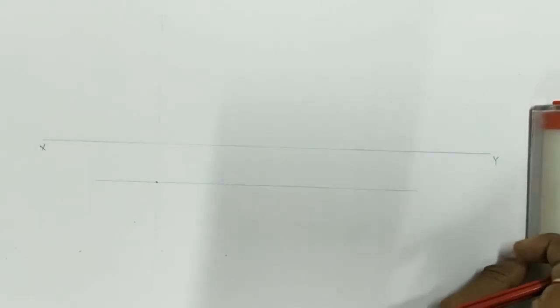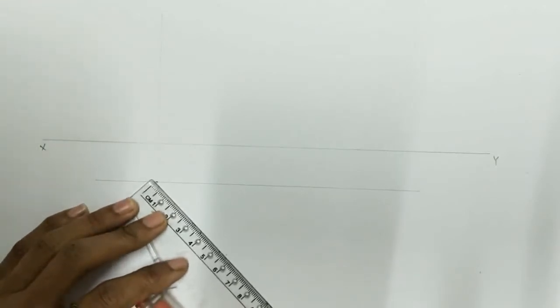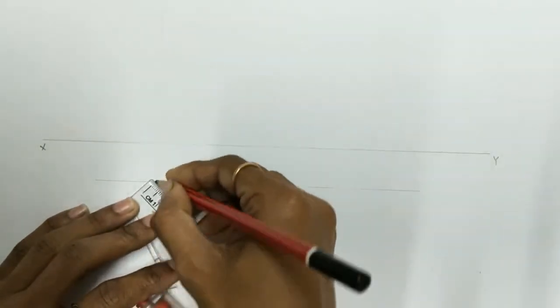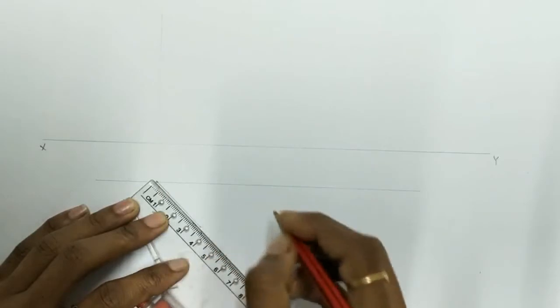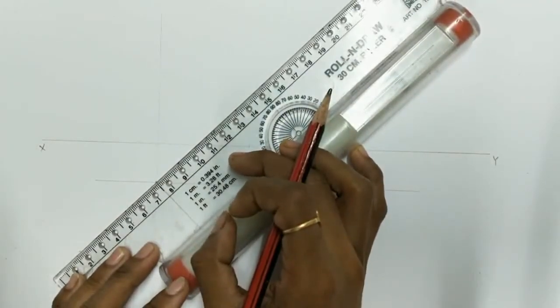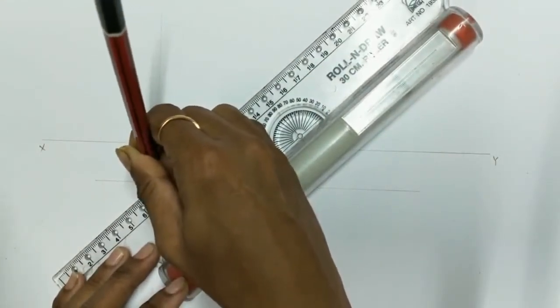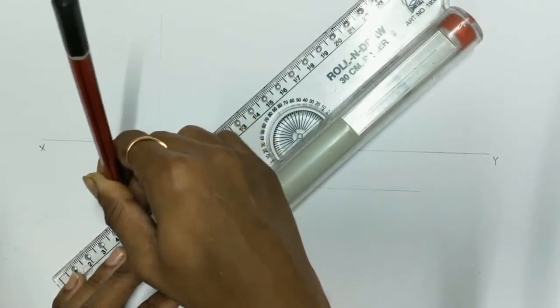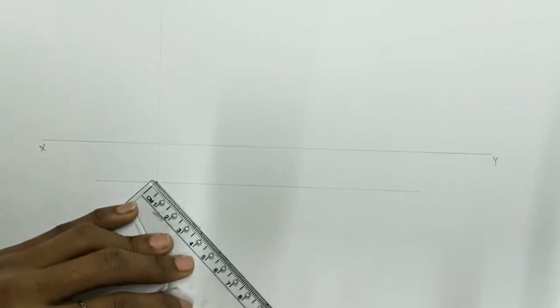Now measure 35 distance, because side of base 35 mm is given, so 35 distance on these lines. And from this side also take 35. So this is 35 and this is 35.